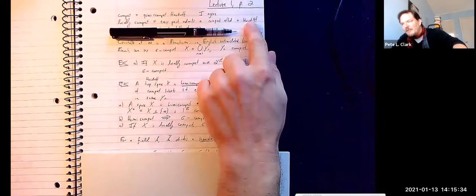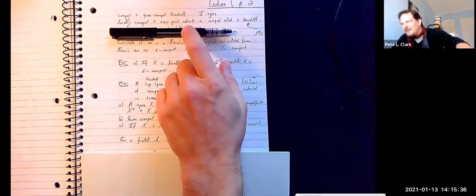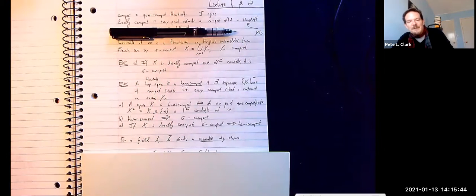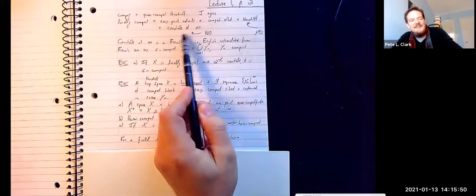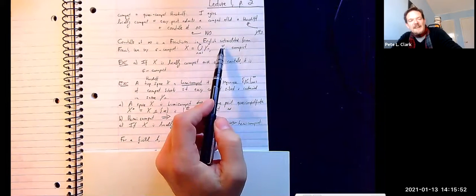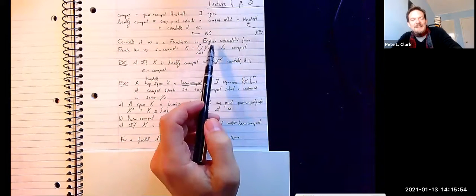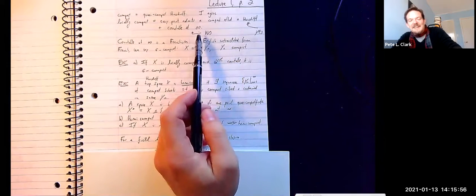Together with the Hausdorff property, if you have one compact neighborhood, then you have a neighborhood base of compact neighborhoods. But for some reason, he also adds this condition, countable at infinity. I mean, come on. Words mean things. You can't just sneak everything in.